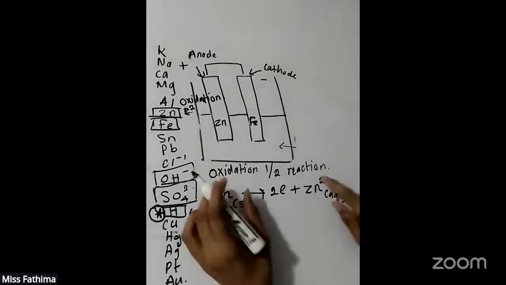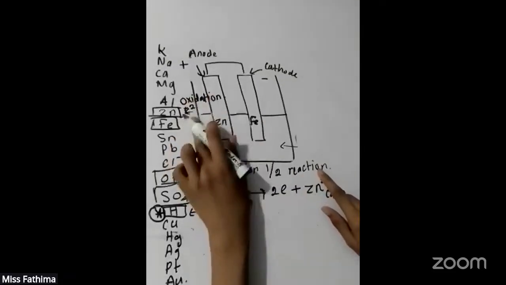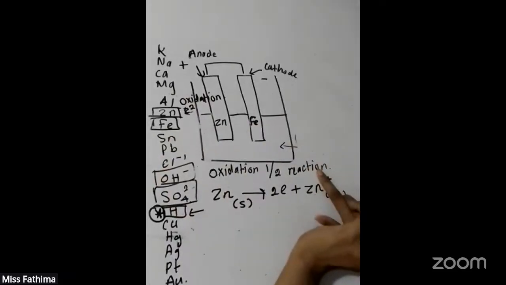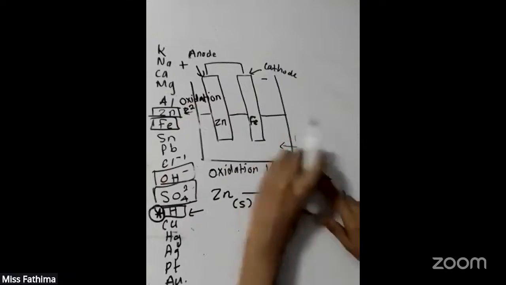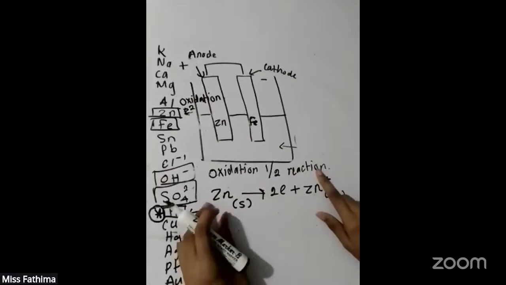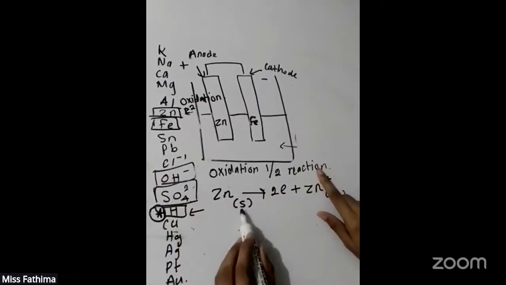Now you found out that zinc is undergoing oxidation. Then you have to know how to write the oxidation half reaction. To write it, you write the element which undergoes oxidation, then mention its physical state. You put an arrow.